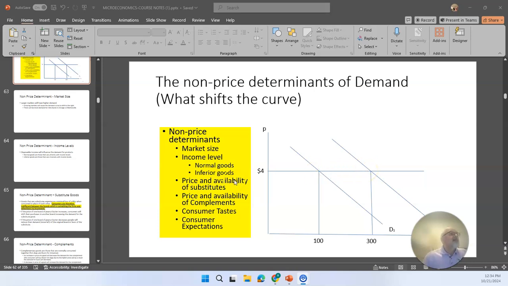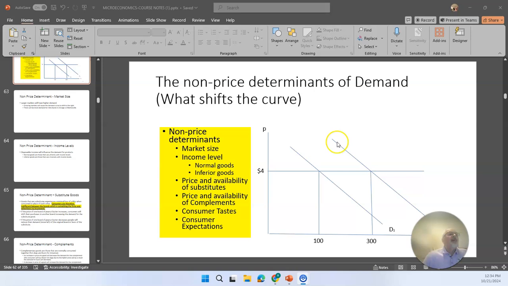Price and availability of substitutes, price and availability of complements, consumer tastes, and of course, consumer expectations. Those are your main non-price determinants, the things that move the demand curve to the right if it's an increase, and to the left.